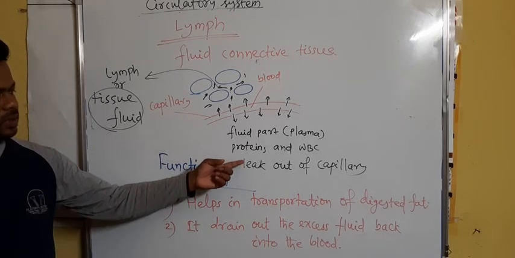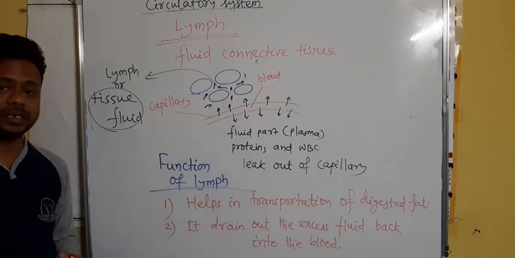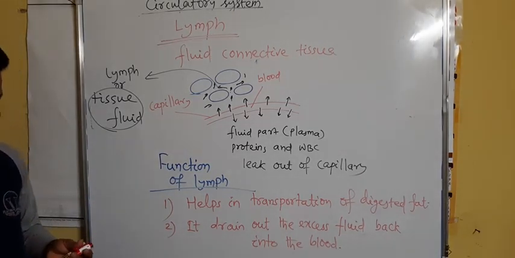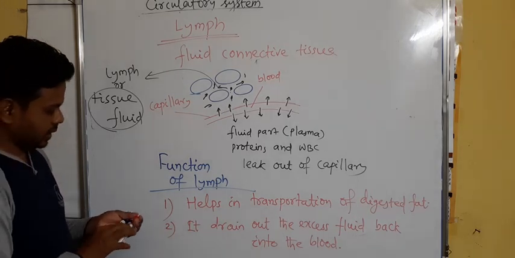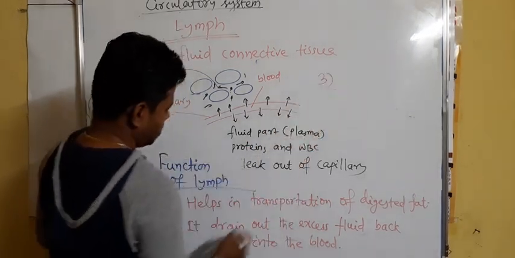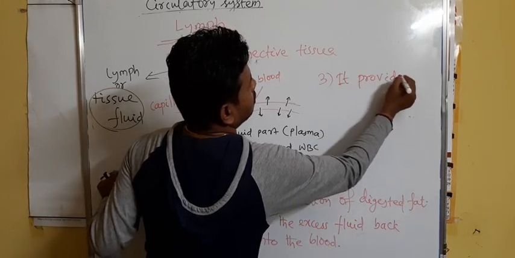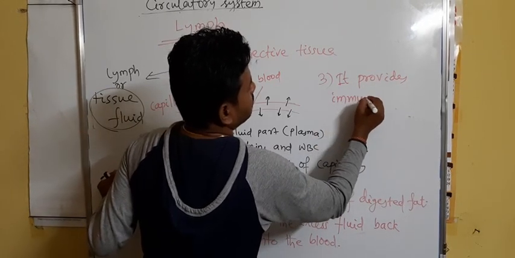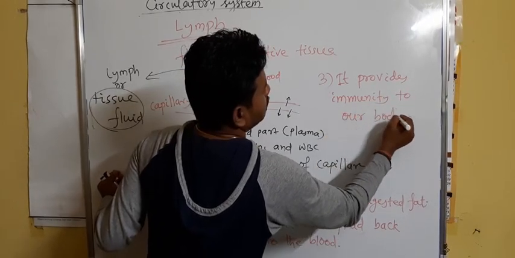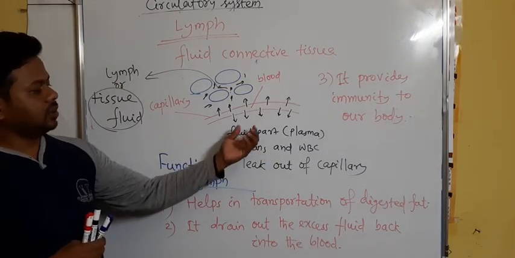Also, when the WBC comes out into the lymph, these WBC are called lymphocytes. They also help in providing immunity to our body. So you can write the third function: lymph also provides immunity to our body, because immunity is actually given by the WBC which leak out from the blood.